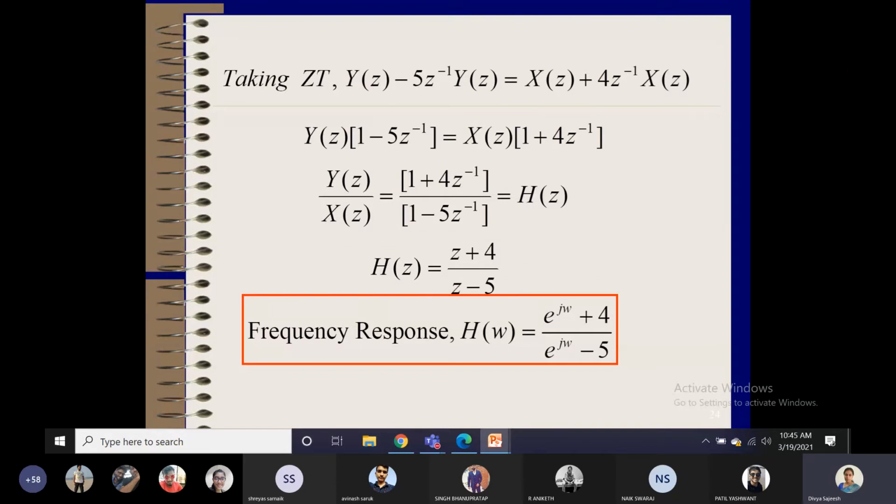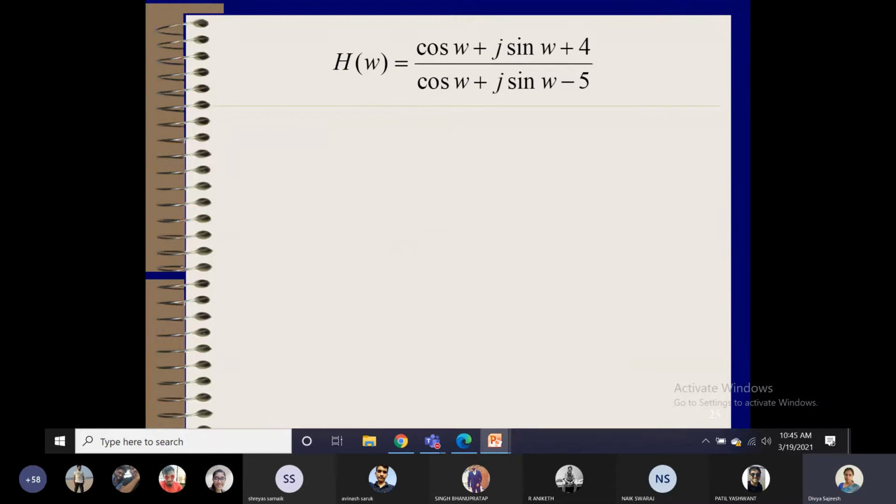Now e raised to j omega I can write in terms of sine and cos. Expand it in that way. So you can write cos omega plus j sine omega plus 4 divided by cos omega plus j sine omega minus 5. Why we are writing this is, to obtain the magnitude response, we need to segregate the imaginary and the real parts.